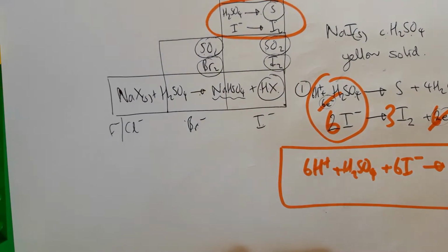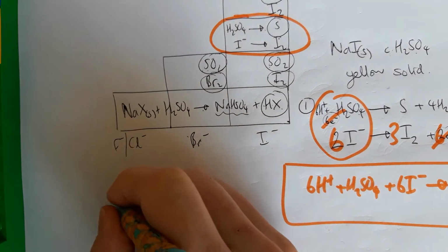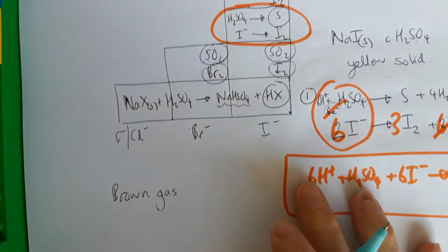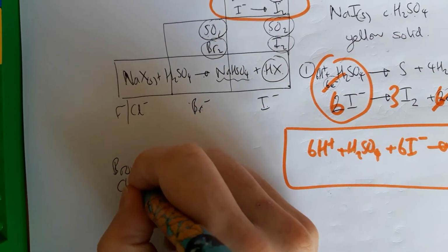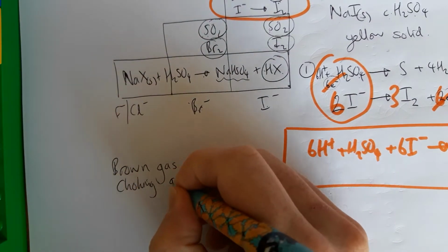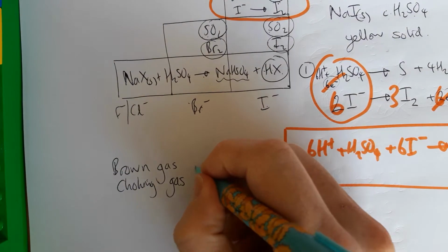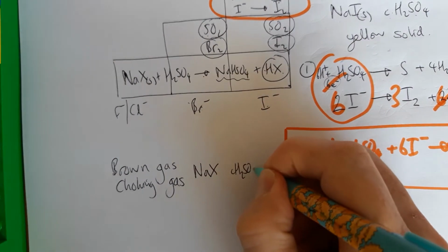So a separate question might say a brown gas or brown fumes or whatever was produced along with a choking gas when a sodium halide was reacted with concentrated H2SO4.